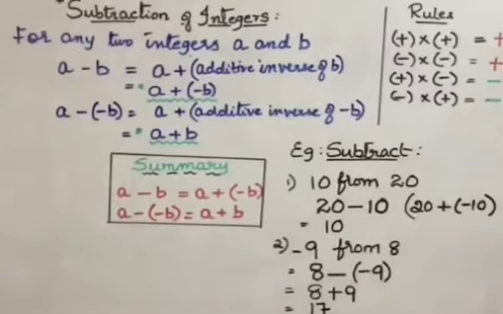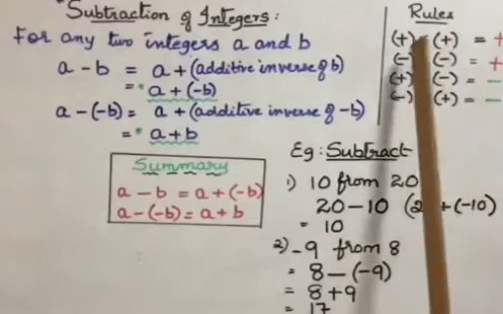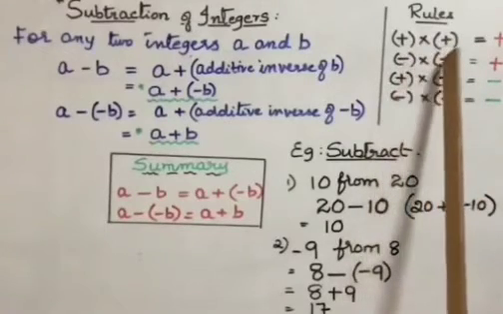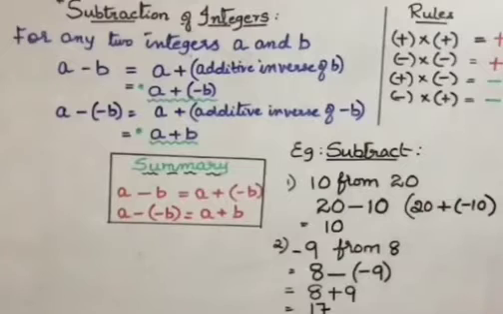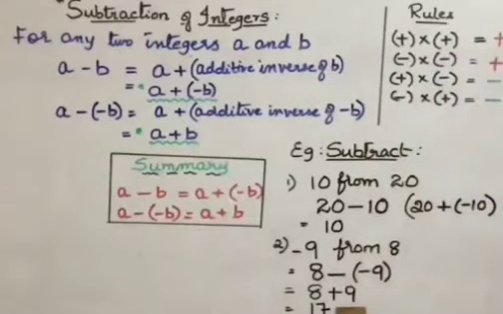Now look at this rule. Here it says, second rule, minus of minus is plus. That's what we have here. Minus of minus is read as minus into minus, children. But what is minus into minus? It's plus. So minus of minus becomes plus.